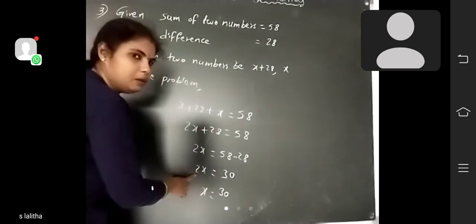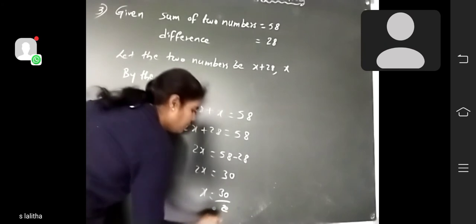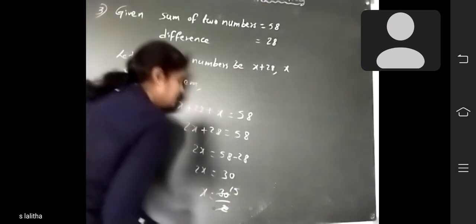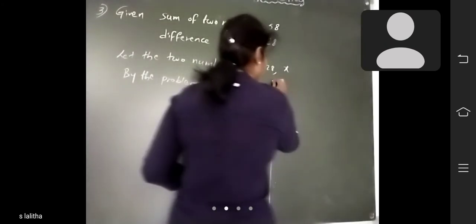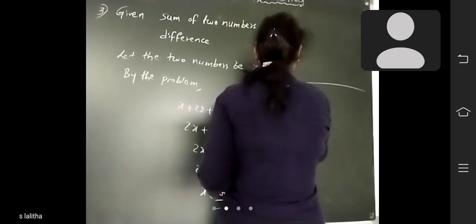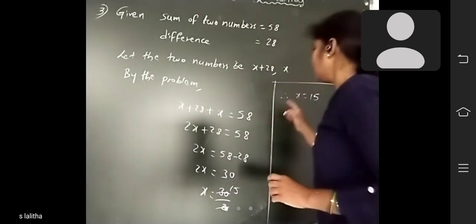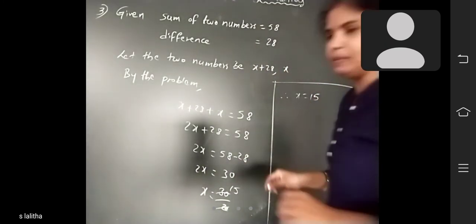x equal to 30 by 2. Here 2 is multiplied. If you transpose to here, what will become? Divide. 15. So therefore, x is equal to how much? 15. What is x? The smaller number.